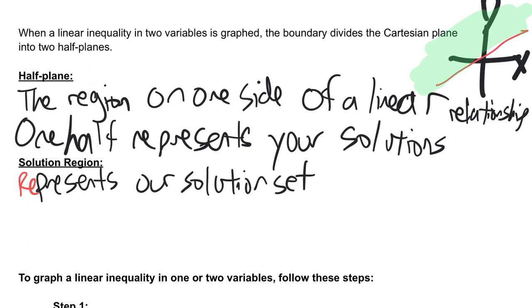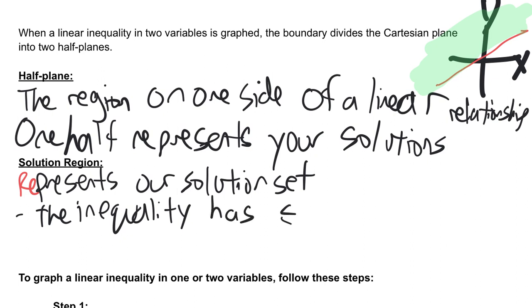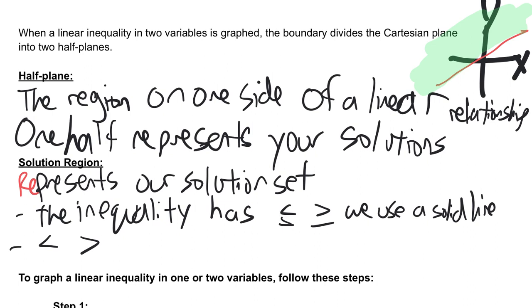Something that's worth noting for graphing: if the inequality has less than or equal to or greater than or equal to, right, if it includes the equal part, we use a solid line, sort of like what I did up here. But if it uses just less than or greater than, we use a dotted line or a dashed line, whatever.